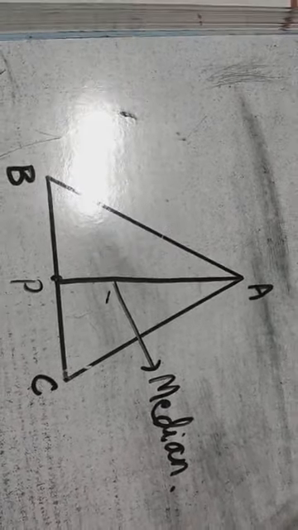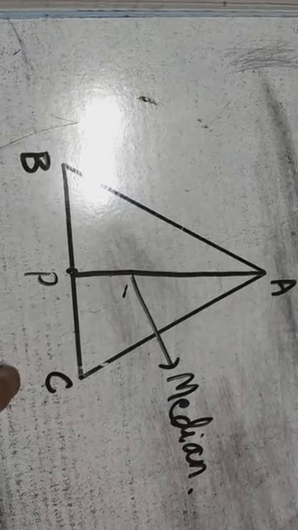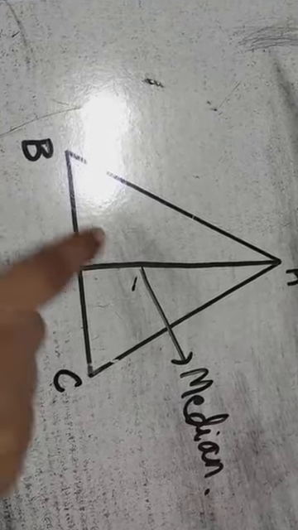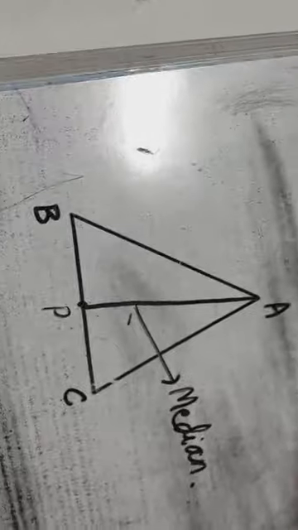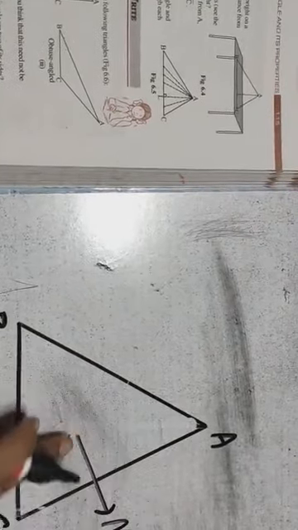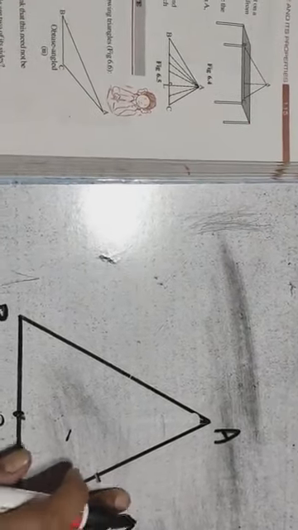The line joining the midpoint of any side and the opposite vertex. We can take any other side also. We are taking AB as the base, and this is the midpoint of AB.